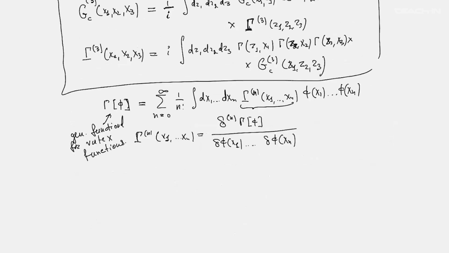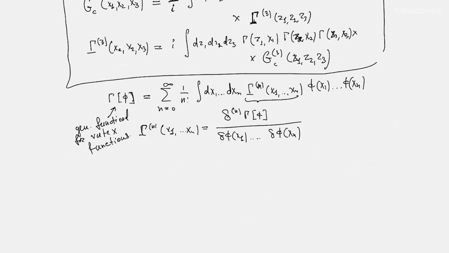Now, this connection between the connected Green's functions, let's first make the 3-point case clear. Graphically, this relation between the connected Green's function and the vertex function can be expressed by the following drawing.